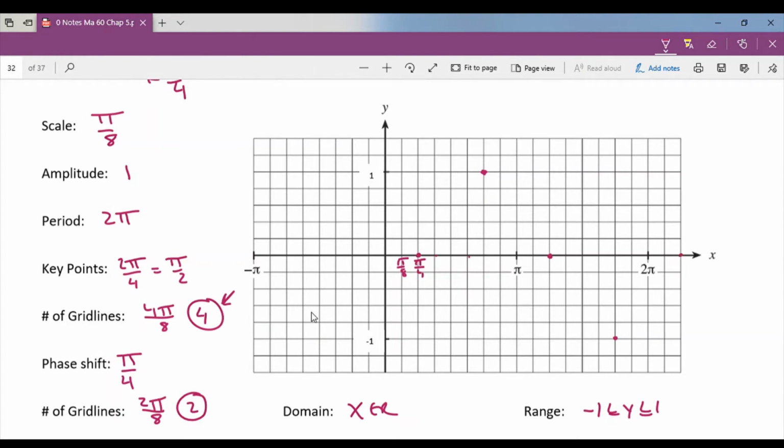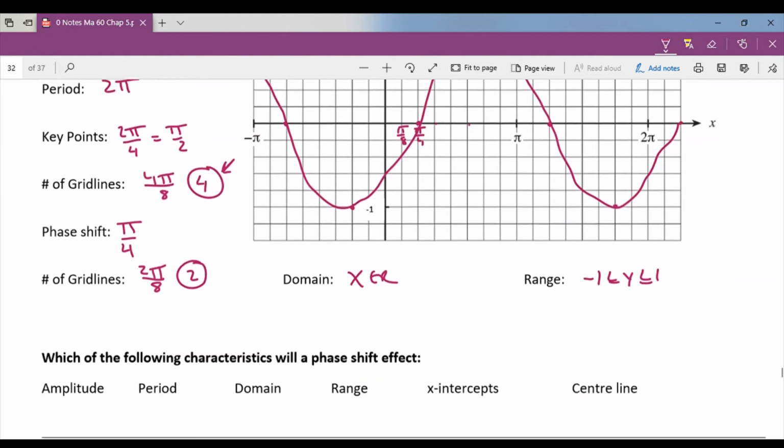And then same thing the other way: 4 grid lines down to -1, 4 grid lines back up to 0. And so then we connect our dots with a nice smooth curve, as smooth as you can make it. And there we go. So this is our transformed graph that's gone right pi by 4.